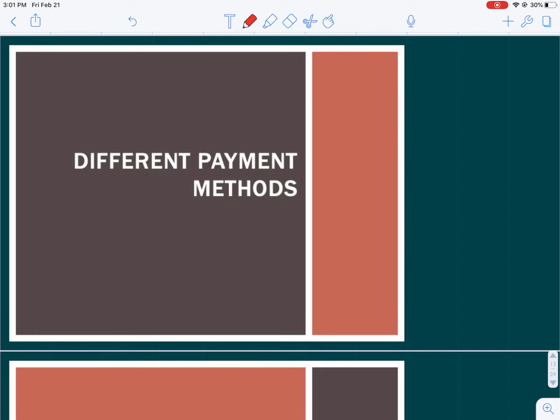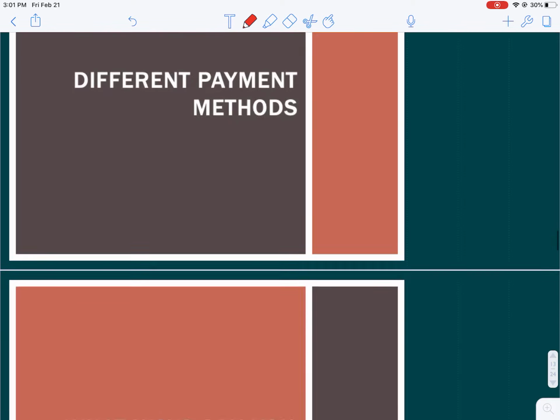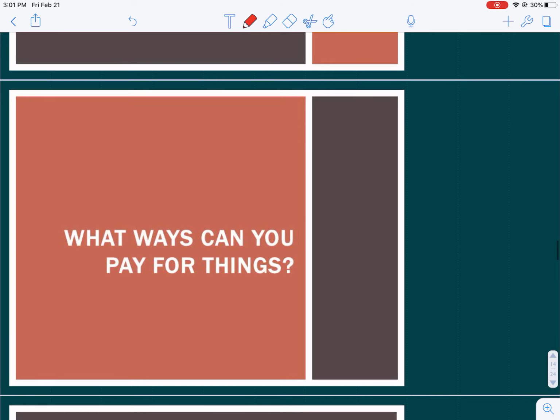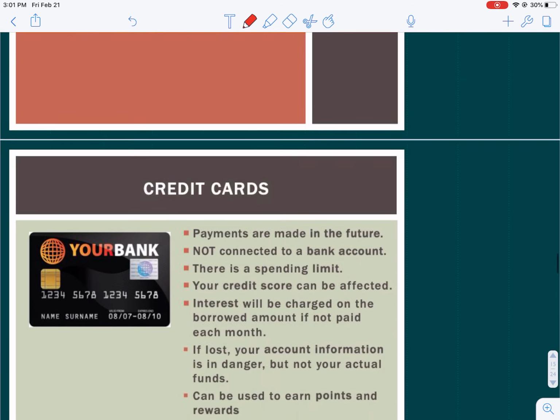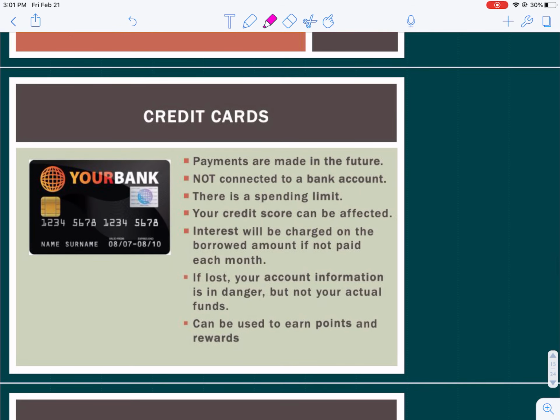Now moving on to different payment methods. What ways can you pay for things? Credit cards: payments are made in the future, not connected to a bank account. There is a spending limit.